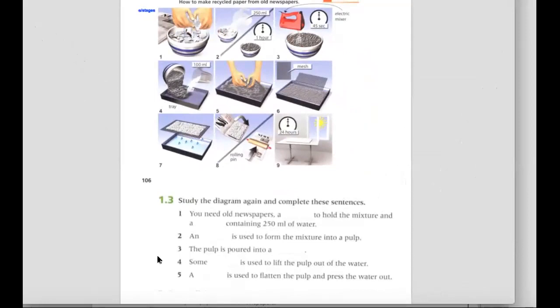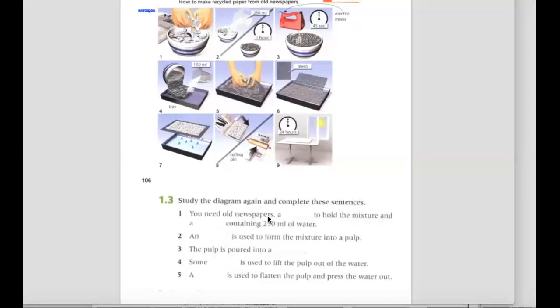So again, please pause the video and fill in the answers. So for each of these gaps, either use one of the words from the diagram or a word from your own knowledge to complete the sentence. Right, once you finish, you can play and let's complete it together.